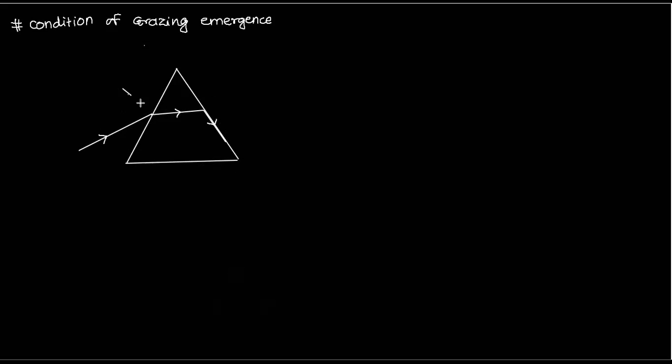And these are the normals you can see here. So let's note them with dotted lines. So grazing emergence means the emergent ray is along the side of the triangle, that is the AC side. This is A, this one is B, and this one is C point.